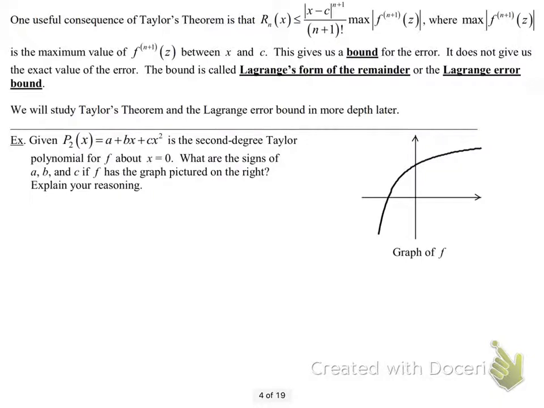That is an important distinction. This is called the Lagrange error bound, or Lagrange's form of the remainder.